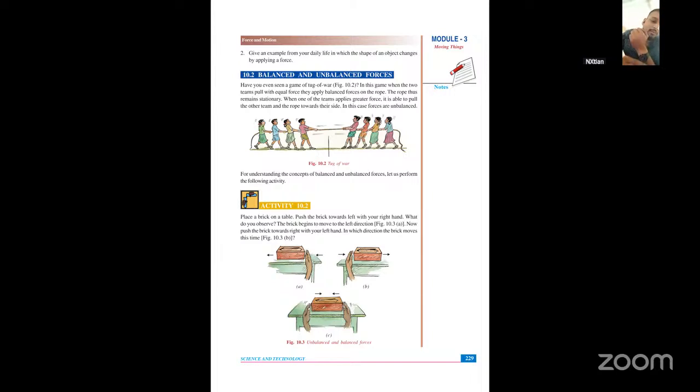For 11th, if you want to choose PCMB, I guess they will allow you. You can choose biology, physics, chemistry, maths, and English as one more subject. We will search for this also, but I guess they will allow you.